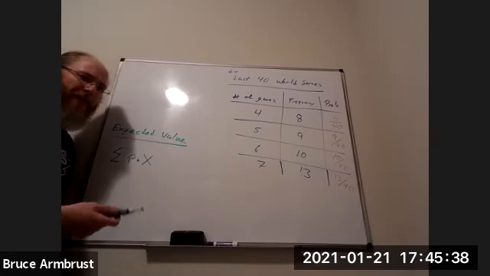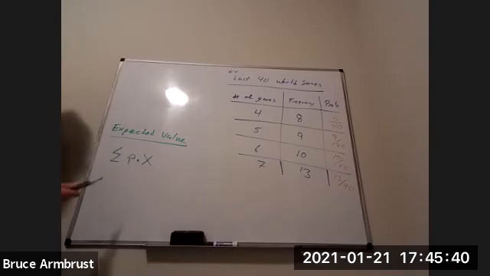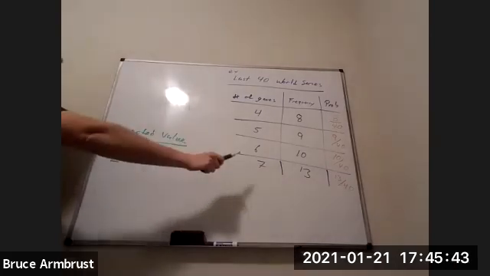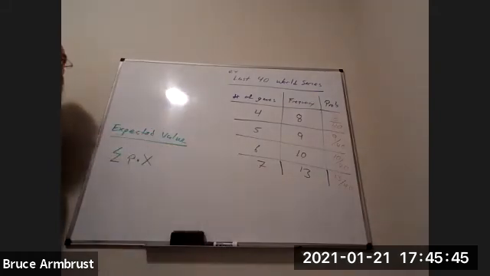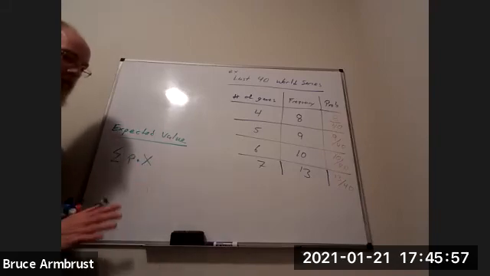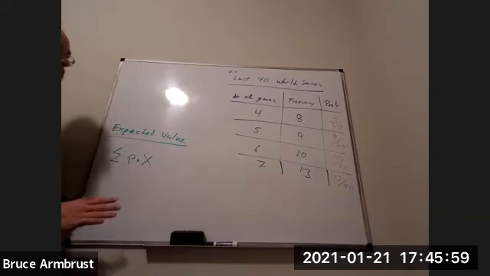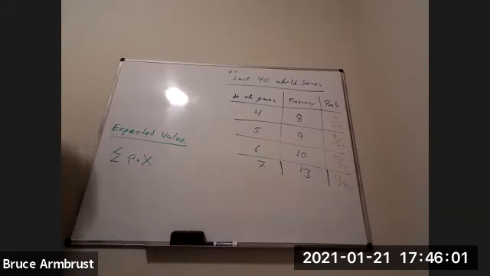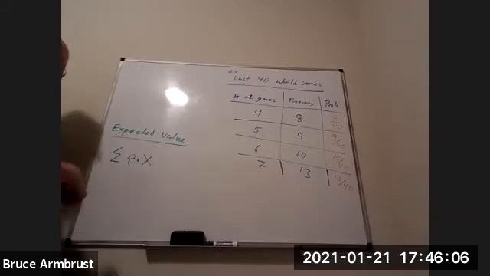I know it probably doesn't really mean anything to you right now, but let's find the expected value for the World Series, and in the context of that, I'll explain what it means. Actually, let's do the coin toss one first, because it's got easier numbers. So let's go back to the coin toss.